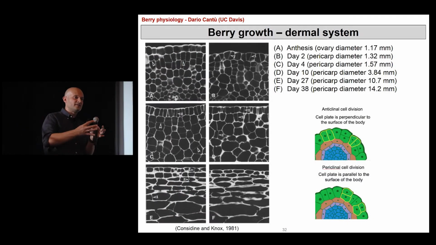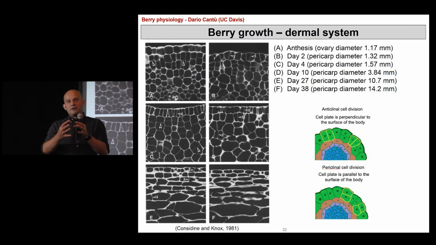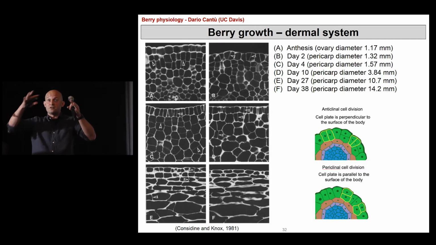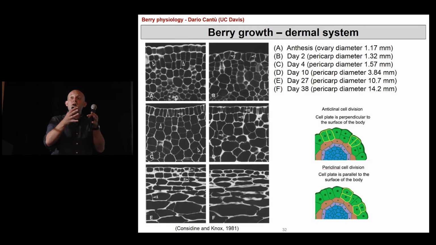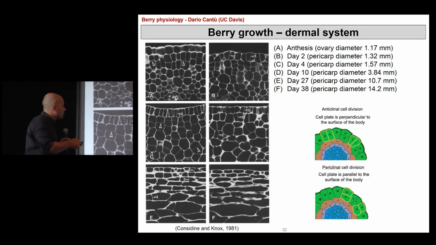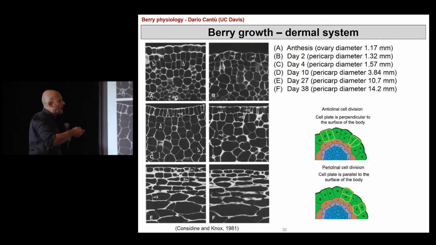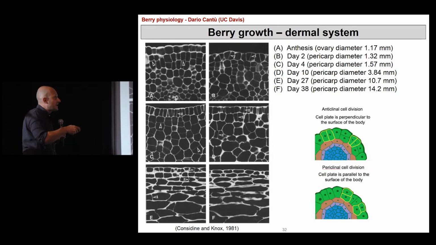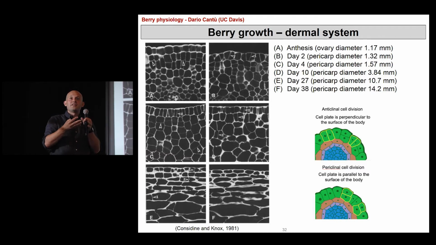So if you think about the berry as a balloon, in order to become bigger, what you need to do is increase the surface of the balloon and fill this balloon with liquid and cells eventually. So what you do, you typically divide the epidermis, so to increase the surface of the berry. You divide the hypodermis, the cells underneath the epidermis will divide, and that's your skin thickness.